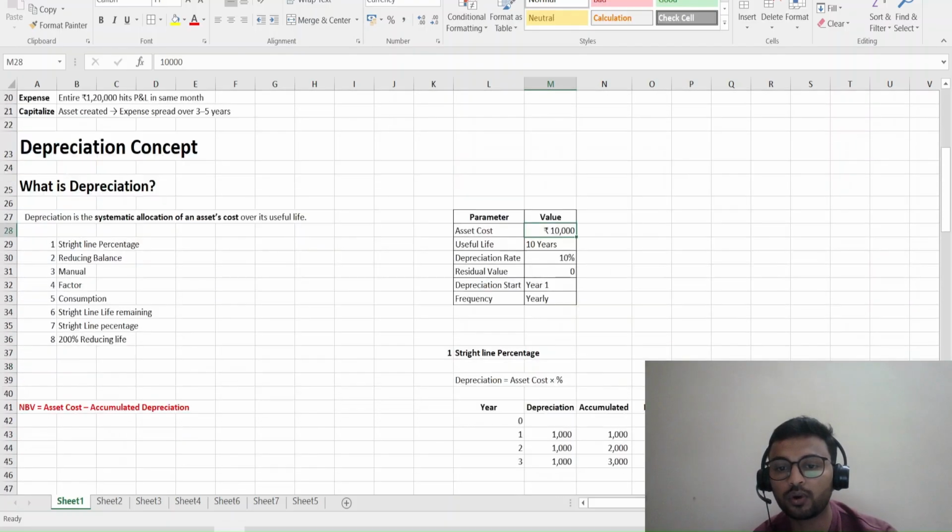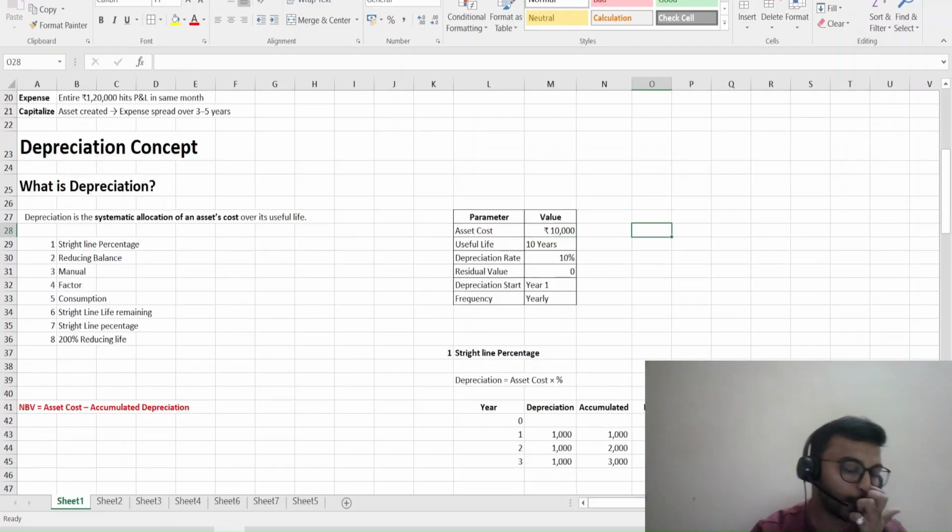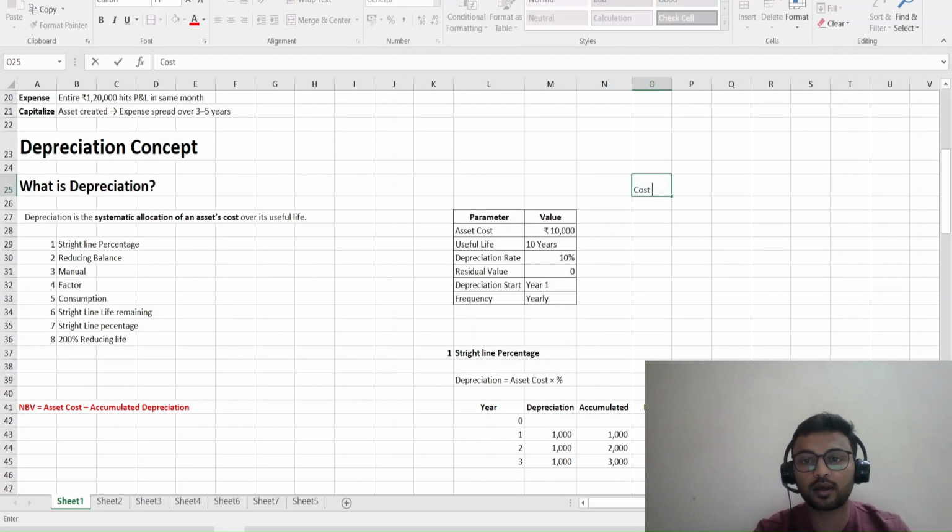How will we calculate this cost of the asset? The cost of the asset will include the purchase price of the asset. Apart from this, it will also include the installation cost and direct freight also.